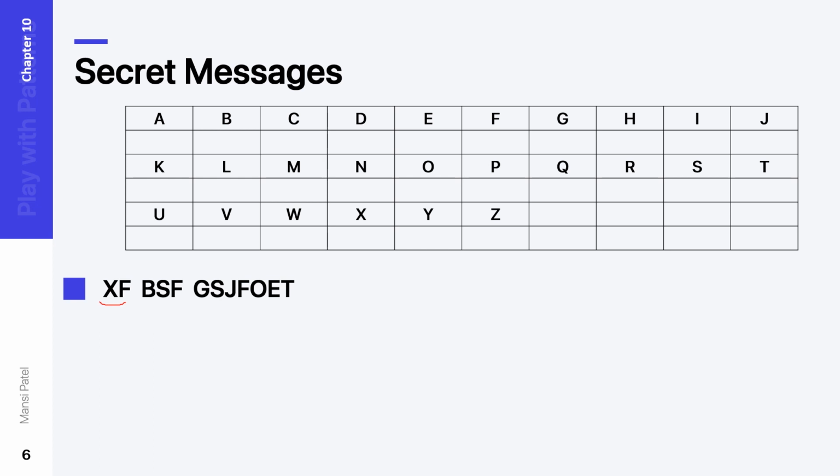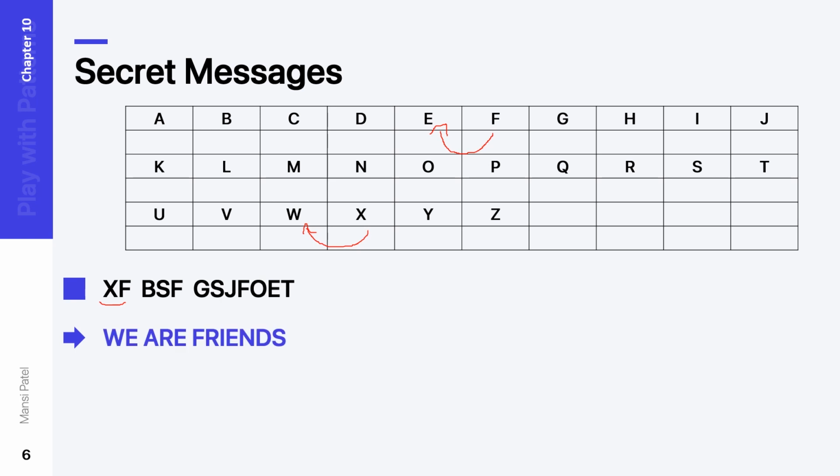This XF represents which letter comes before X. So it's W. So instead of X, you write W. Which alphabet comes before F? It's E. In this, you have to write the alphabet that comes before.